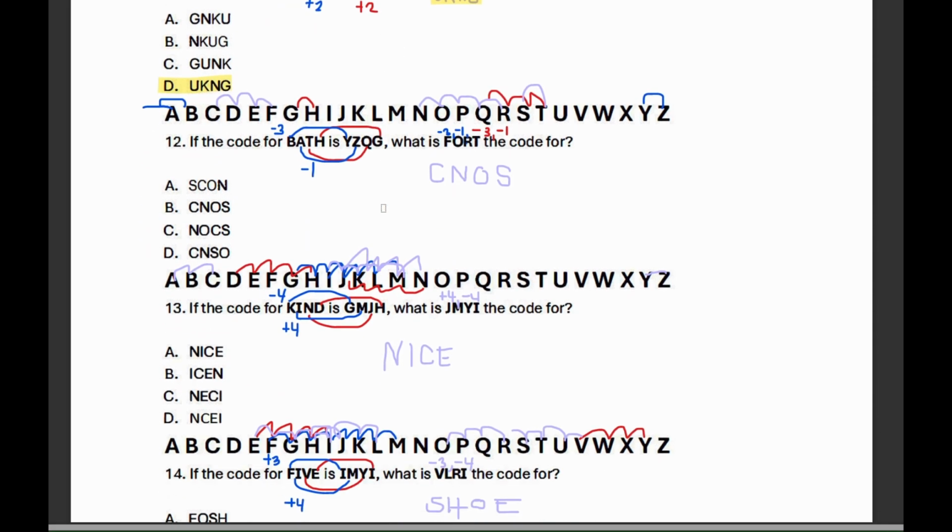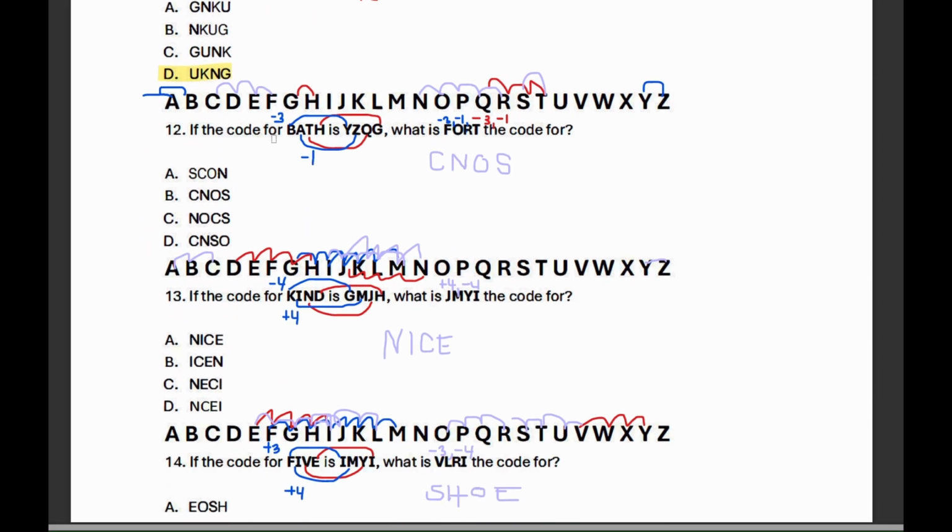Number 12. Codes. If bath, BATH, is to YZGN, what is the code for fort, FORT? Your options are A, SCON, B, CNOS, C, NOCS, D, CNSO.